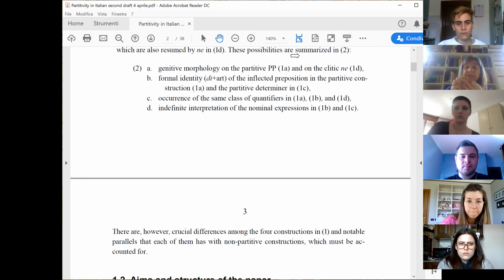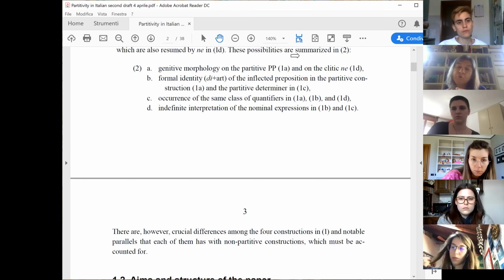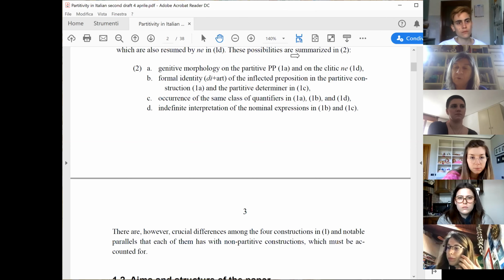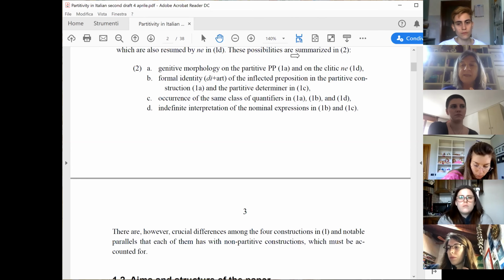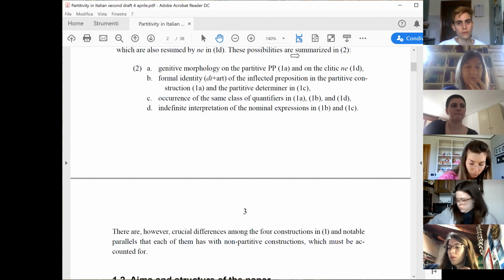And then when it occurs, we have to decide whether the ne resumes the prepositional complement of the quantifier in 1A, or the indefinite complement of the quantifier, which is certainly indefinite in 1B, and then we can claim that it's also present in 1A. So one has to discuss whether ne resumes only the indefinite or also the definite partitive.